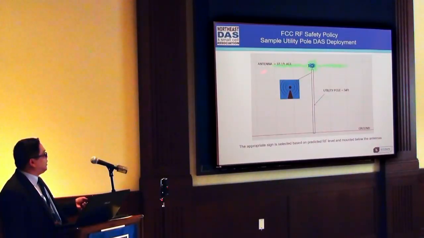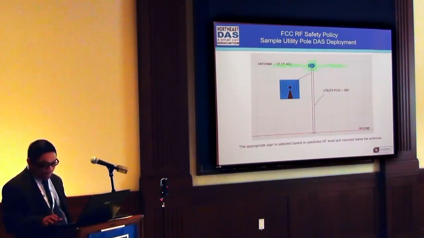This is a simulation of a canister antenna at 37.1 feet above the ground, for example, and this prediction is not an RF prediction in terms of coverage, but a compliance prediction. The different colors show you which compliance levels you're in.